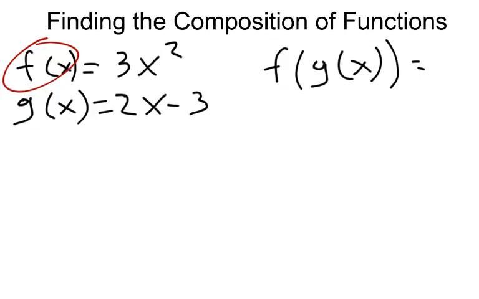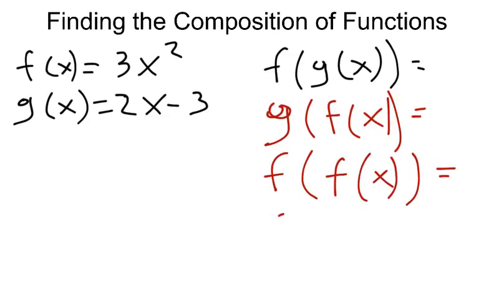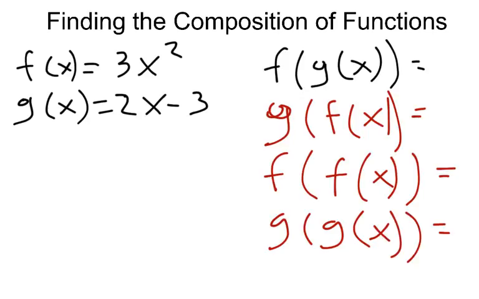So we can do f of g of x, we can do g of f of x, we can do f of x, we can do g of x. The order of the letters doesn't matter, it's just notation-wise.